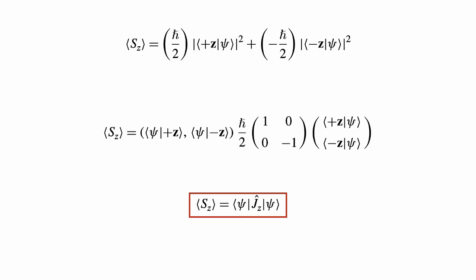If we do that, we find that the expectation value of Sz is simply the psi-psi matrix element of the operator JZ. This is an extremely important formulation, which we have actually proven in the general case using the identity operator.